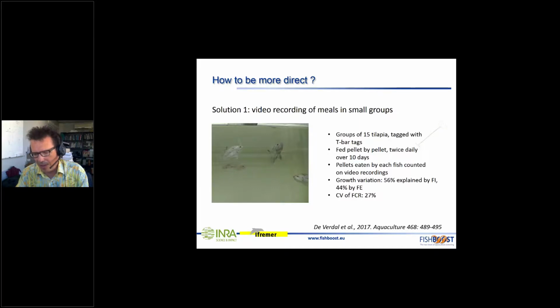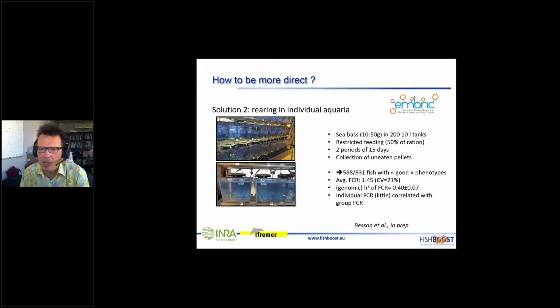And on our side, we tried another tedious possibility, which is to rear fish in individual aquaria. So what we have here is 200 aquaria of 10 liters, where we can rear individually sea bass of 10 to 50 grams. And we feed them a restricted ration, 50% of the ration.